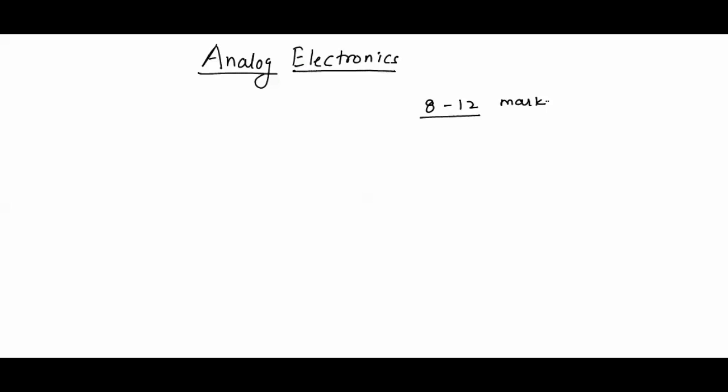So it becomes a very important subject from the weightage point of view. Out of 55 technical questions, there will be around 6 to 7 questions from analog electronics. So this is a very important subject as far as GATE examination is concerned.